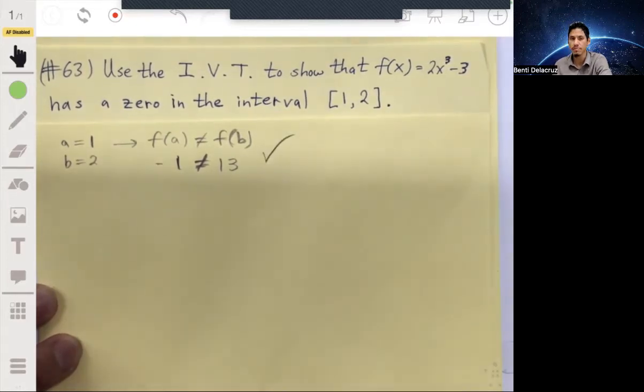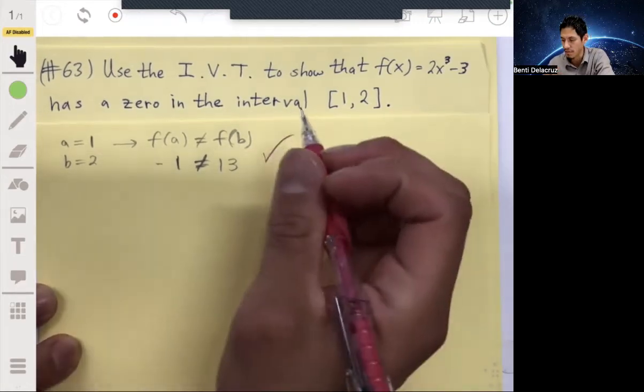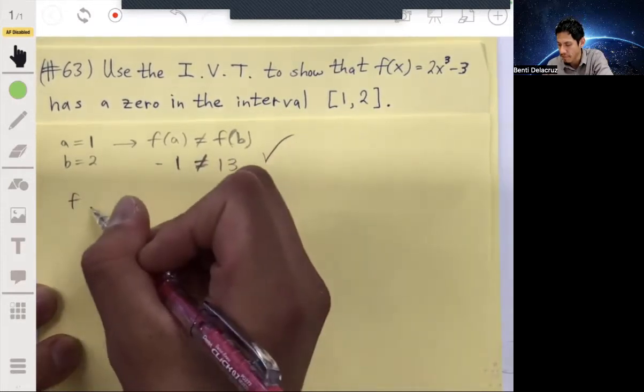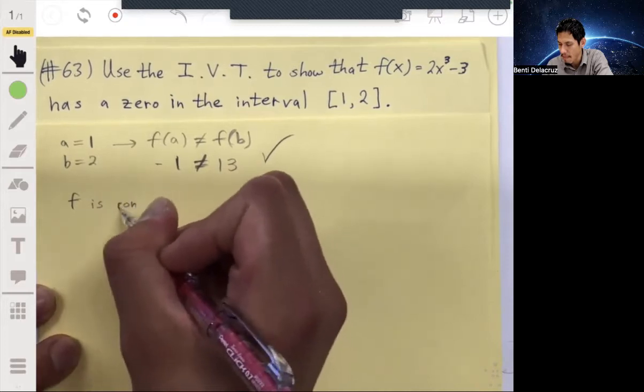So we're good there. Now, the second condition you want to verify is that the function is continuous on the closed interval [1, 2].